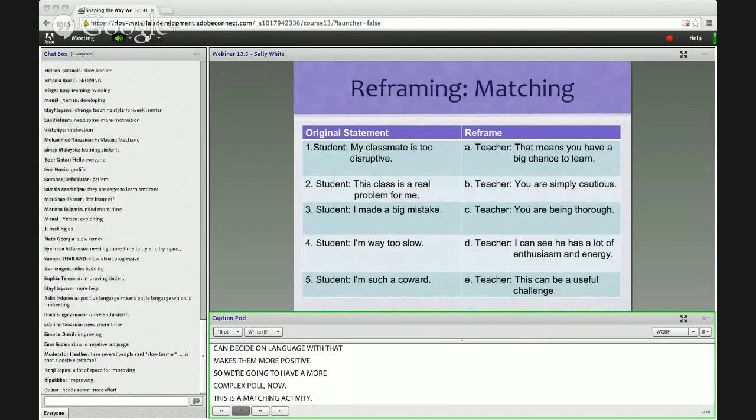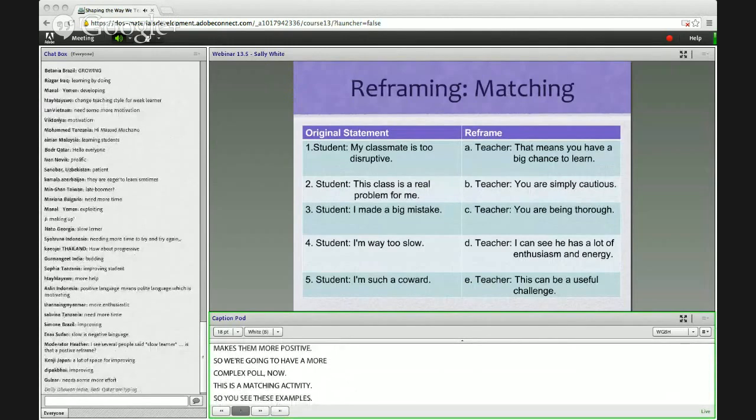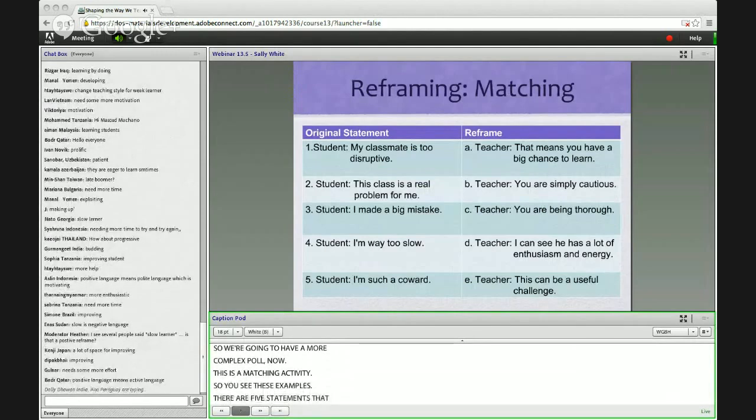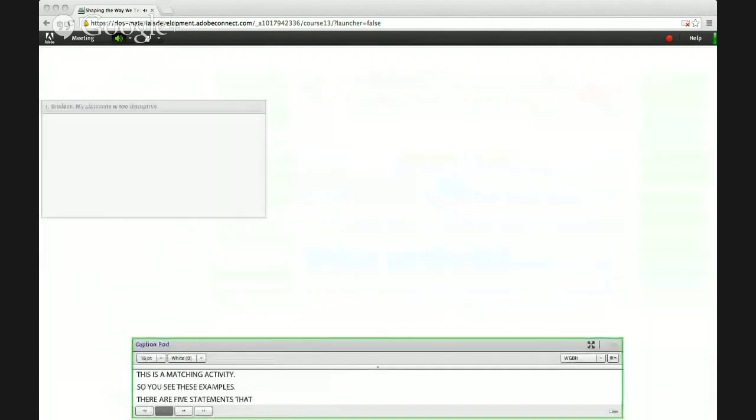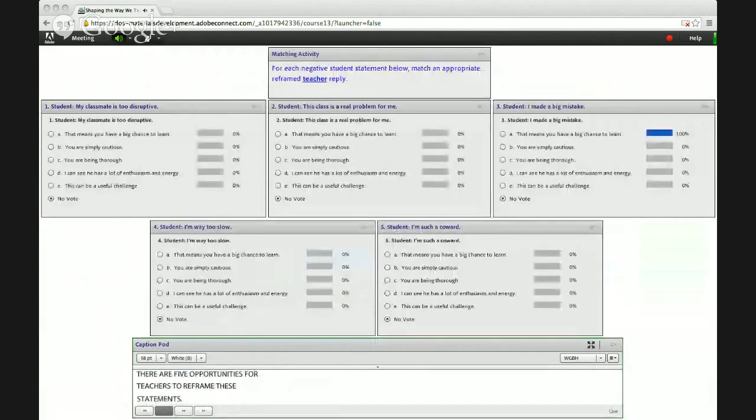There are 5 statements that students might have made, and there are 5 opportunities for teachers to reframe these statements. Now, these are not matched up appropriately, so you're going to have the opportunity here to match them. And go ahead and choose a more positive statement for the original statement. Take your time to think about it. If you're with other people, check in with them. You'll need to scroll down to see all the options.